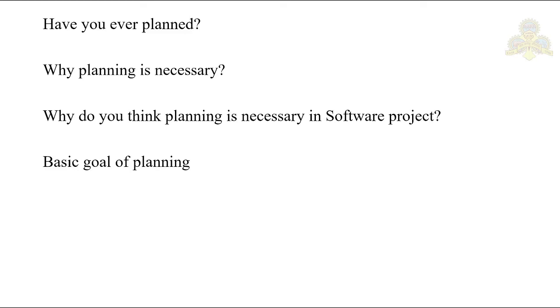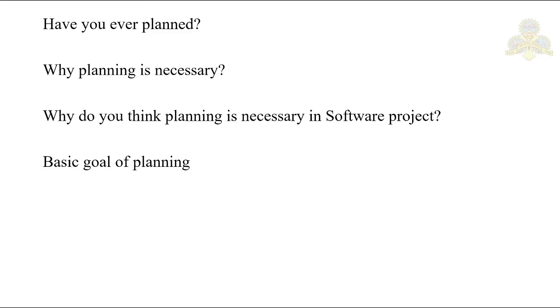The basic goal of planning is to look into the future and identify the activities that need to be done to complete the project successfully and plan the scheduling and resources. So in planning, you look into the future, right? You are identifying the activities that are needed to complete our project.